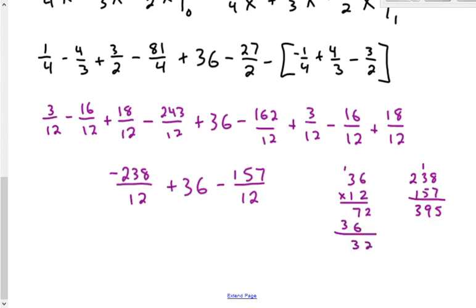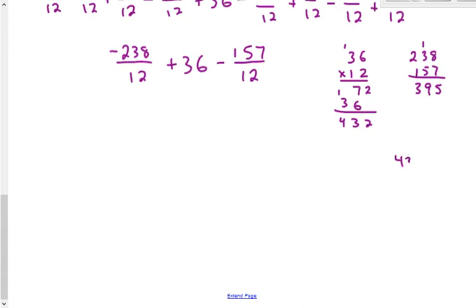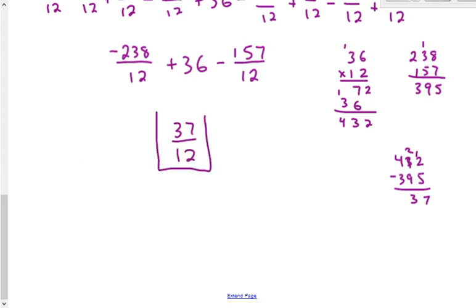So 2, 13 carry 1. 432 minus 395. It's going to be 37, so I wind up with 37 over 12. So 37 over 12 square units would be our area.